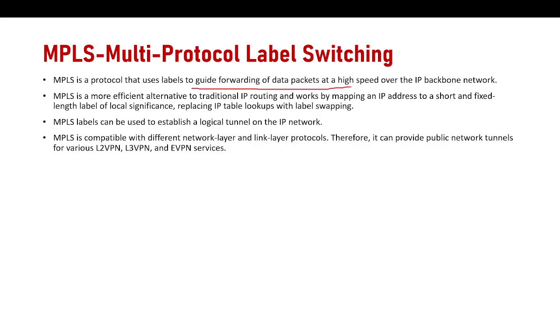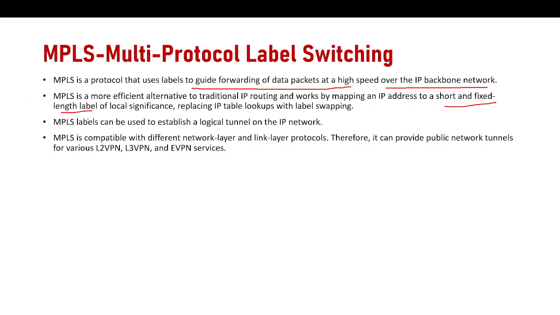So MPLS is a protocol that uses labels to guide forwarding of packets at a high speed over the IP backbone network. So it's still working on top of the IP backbone network. It's a more efficient alternative compared to the traditional IP routing, and it works by mapping an IP address to a short fixed length label. So this is the label.